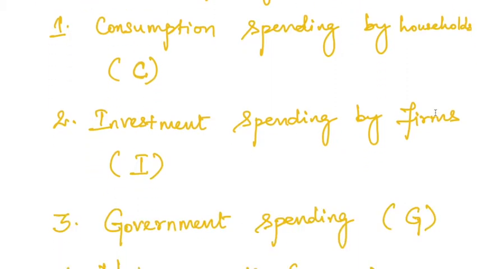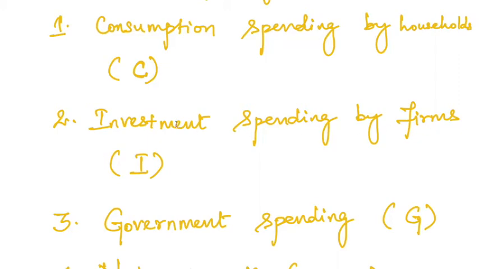The next one is investment spending by firms. Firms also spend on capital goods as part of their investment. For example, if you're running a factory and you want to open up another factory, you spend money on your investments. You buy raw materials and many other things to construct this new factory.